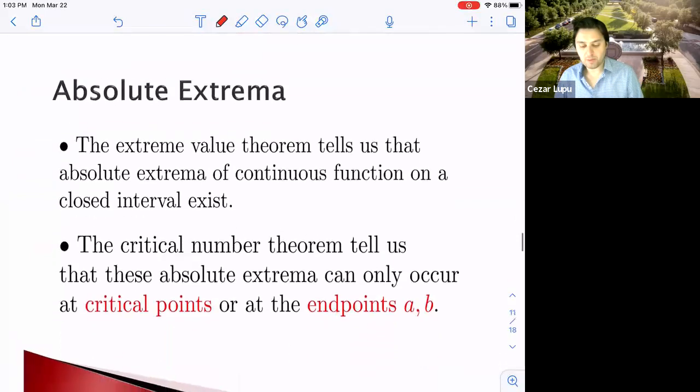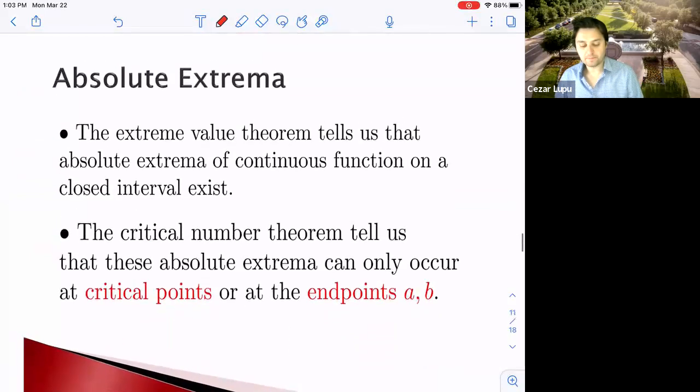For the absolute extrema, we have the following. Let's see what the extreme value theorem tells us. It tells us that absolute extrema of a continuous function on a closed interval exist, right? So we know that.